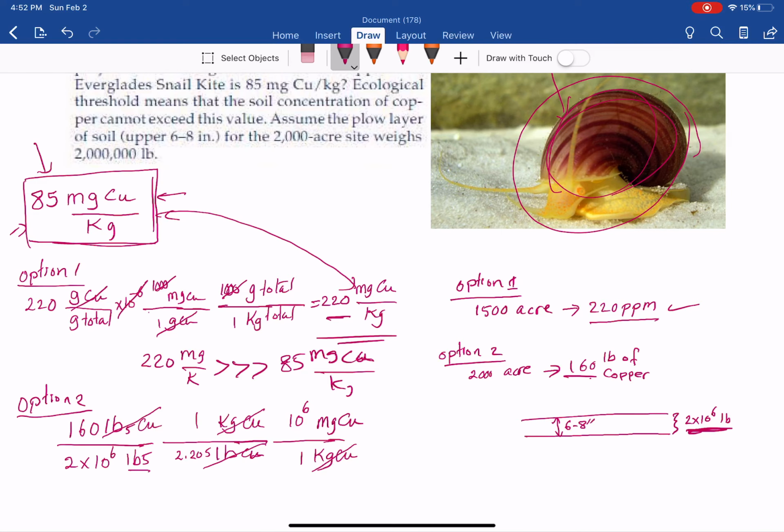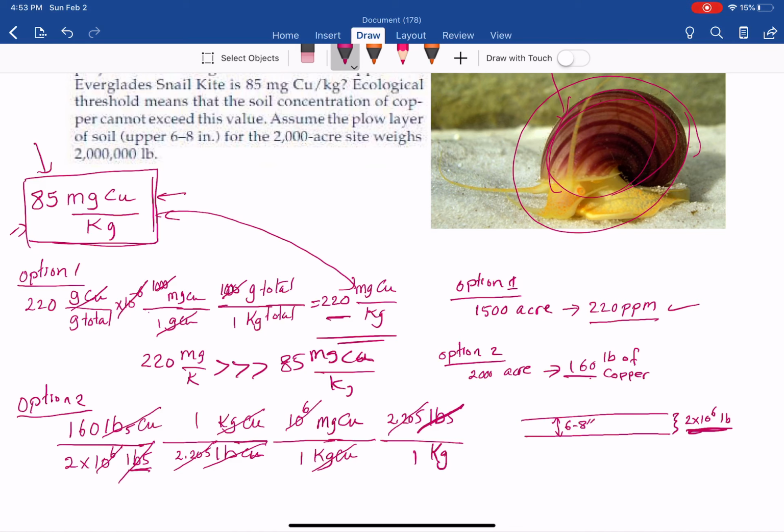Now we convert pound total soil to kilogram soil, and 1 kilogram is 2.205 pounds. So pound cancels with pound, you end up with 2.205 on both, and 10 to the 6 over 10 to the 6.